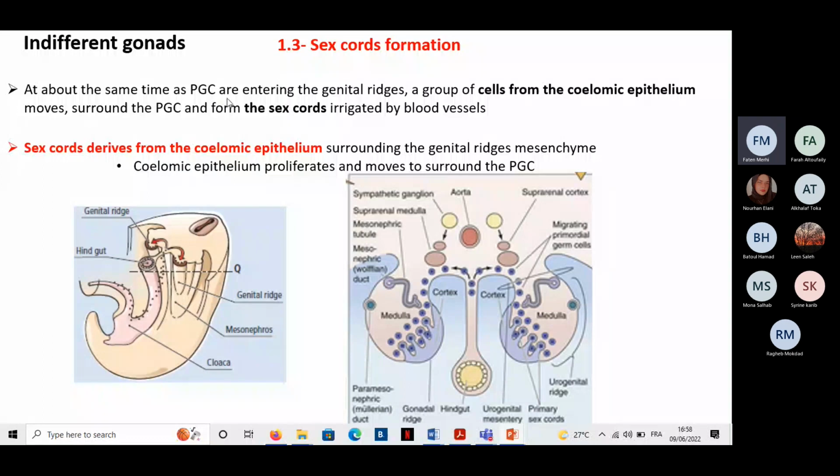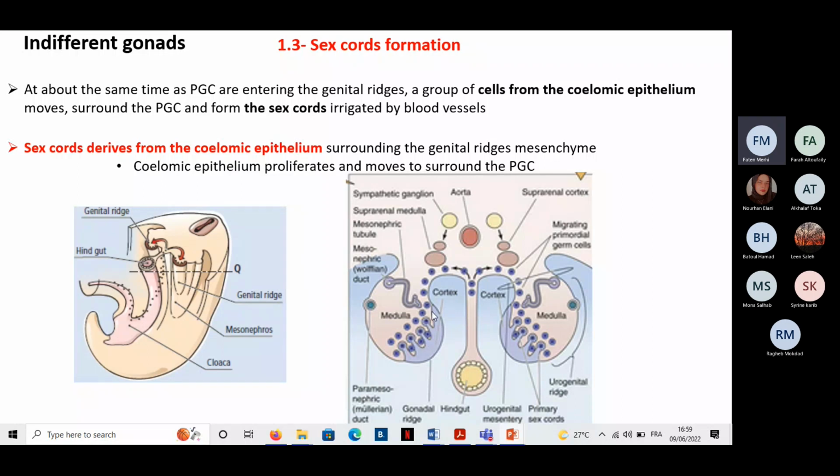At about the same time as the PGC are entering the genital ridges, a group of cells from the coelomic epithelium will proliferate, move, and surround the PGC inside of the genital ridges. That's how they form the sex cords, and those sex cords will be irrigated by blood vessels, so they will be vascularized. The sex cords derive from the coelomic epithelium.